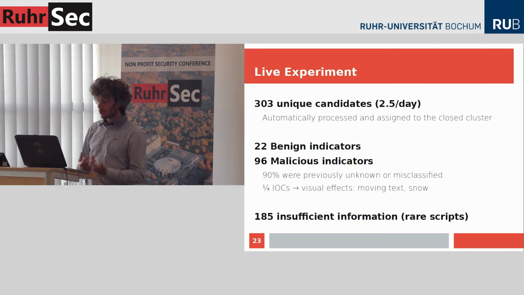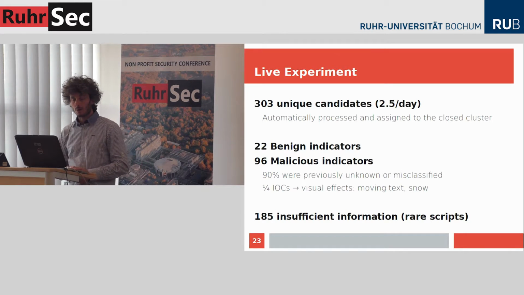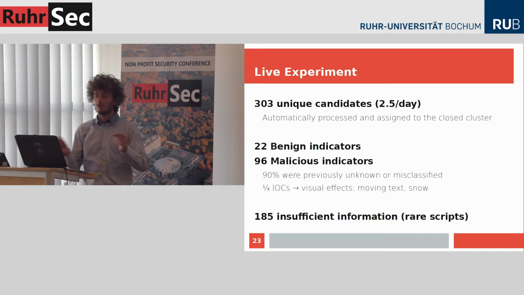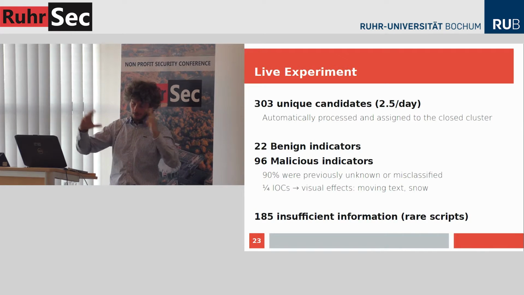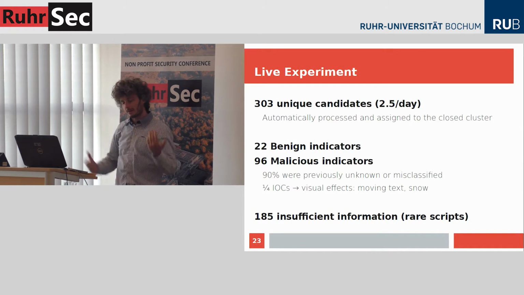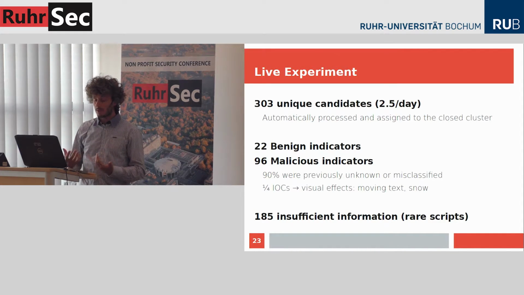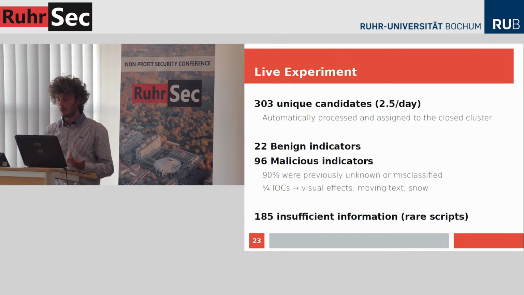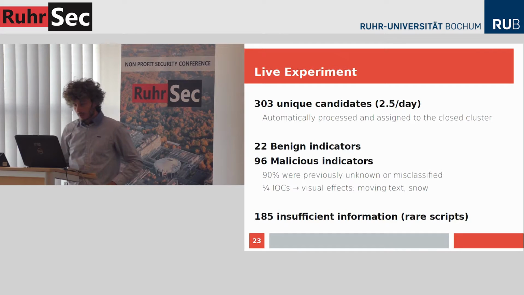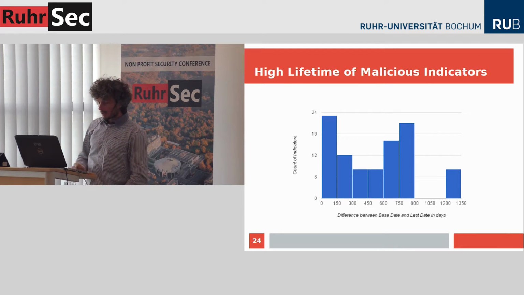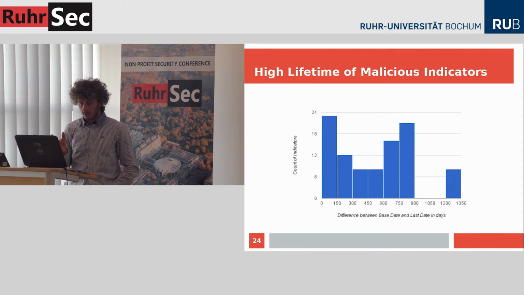One of the reasons is that a quarter of these 100 malicious indicators were actually used for visual effects, like moving text in the page, or the snowing effect, that kind of thing. But we verified that they were only used in a malicious context, so they were not used in any benign page.